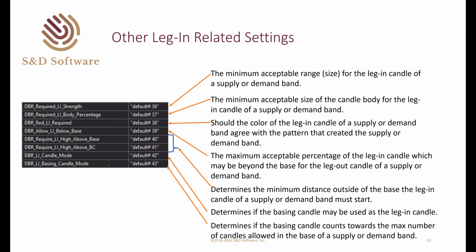Does it extend below the base? If it extends below the base, then the question is, how much does it extend below the base? If too much of it is below the base, then that can get it rejected as well. So it's going to depend on exactly what it looks like and what settings you're using, what rules you've turned on and off, and what rules you've modified, as to whether that would be accepted or not.